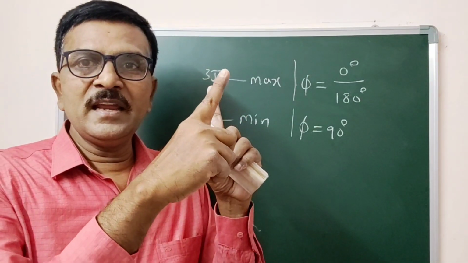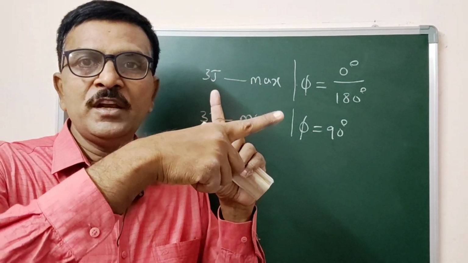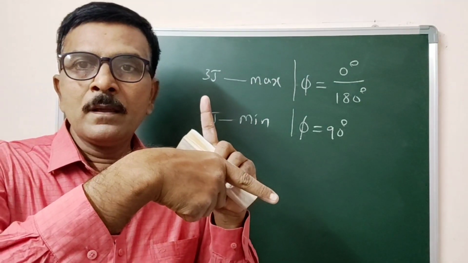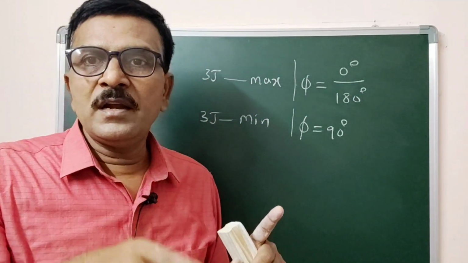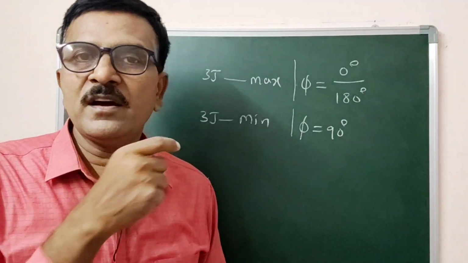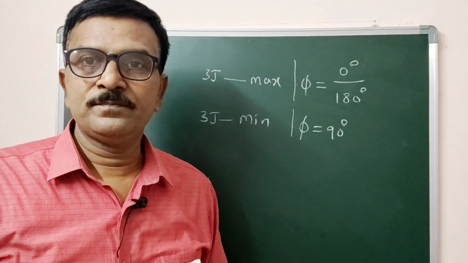As the dihedral angle increases slowly from 0 degree to 90 degree, the 3J values decrease.